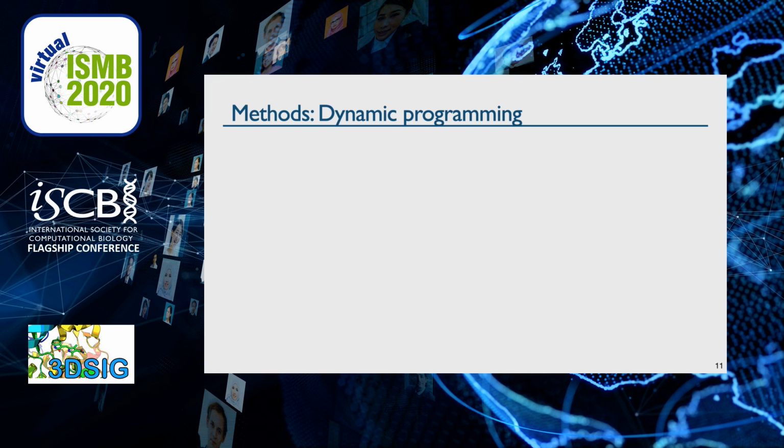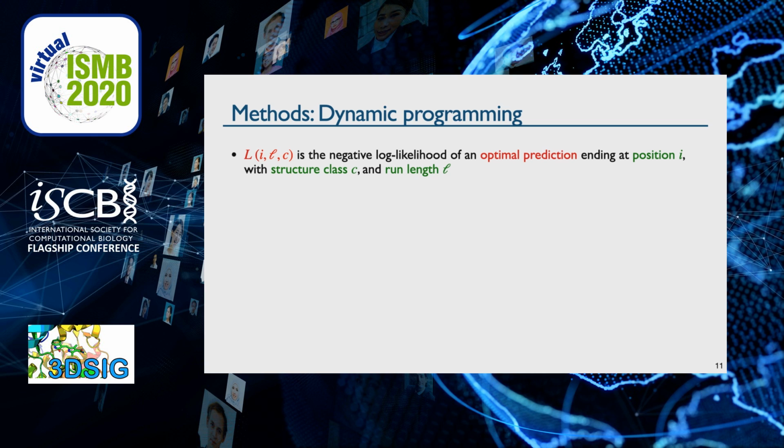The dynamic programming algorithm computes the quantity L of I,L,C, which is the negative log likelihood of an optimal prediction ending at position I with structure class C and run length L. For example, for the general case of L greater than the minimum run length of class C, L of I,L,C satisfies the following recurrence equation.